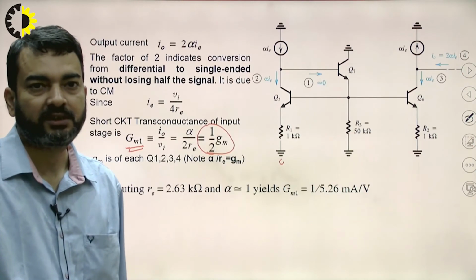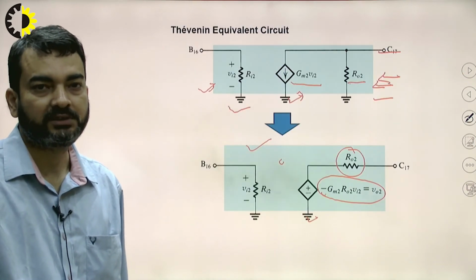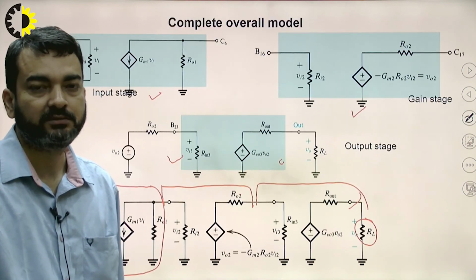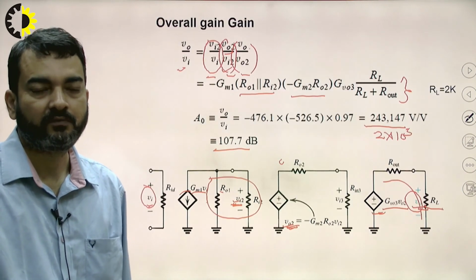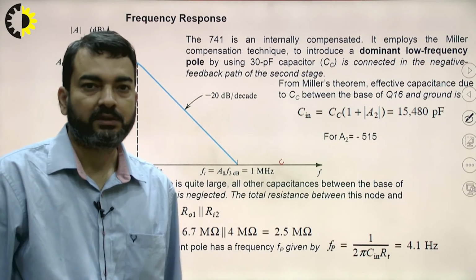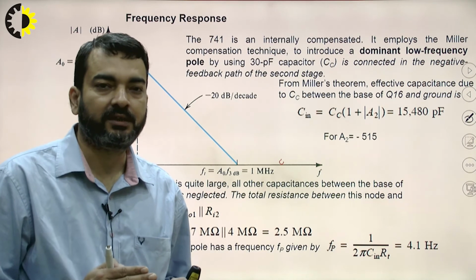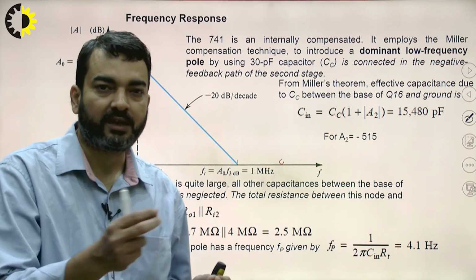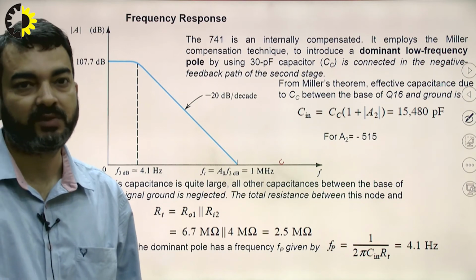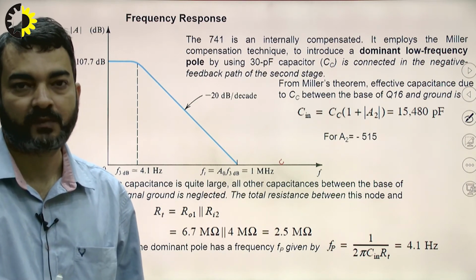This capacitor is used for frequency compensation, so that we can operate the 741 at higher frequency. We know this capacitor is connected between the input and output terminals of the gain stage, and the gain stage is realizing the bulk of the gain, the highest gain.